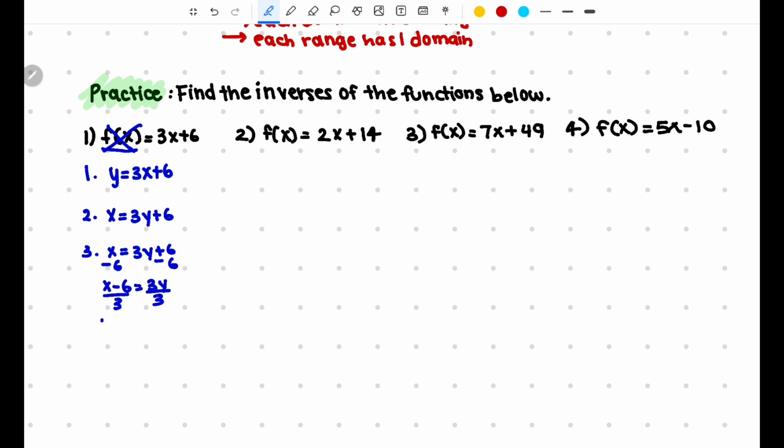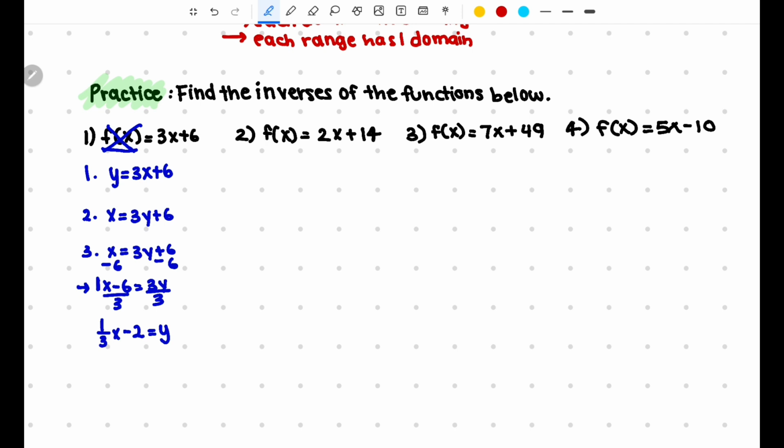So we get 1/3 x again. Think of the invisible 1 before the x so that you're able to write a common fraction. And then minus 6 over 3, which we can simplify to just 2, is equal to y.